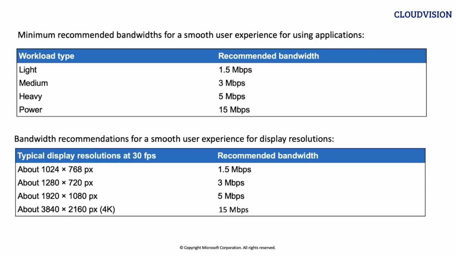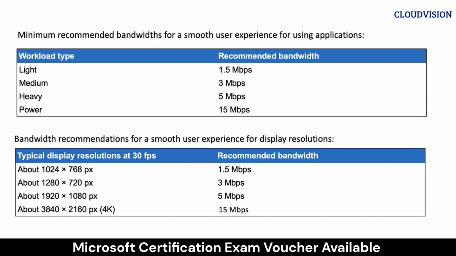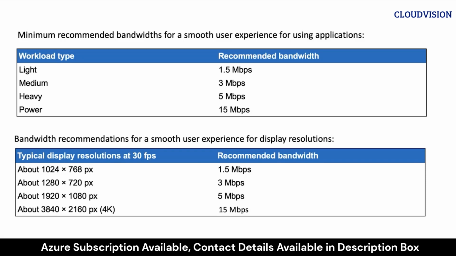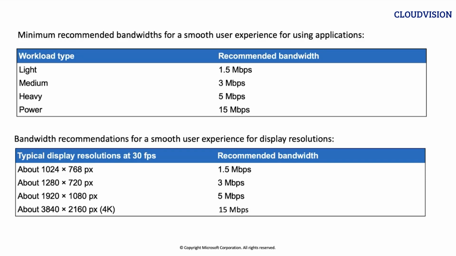It's not from that aspect only, it's basically the type of the resolution we are using, isn't it? Why? Because that quality does matter. When a user is connected to a session, you don't want that session to be distorted. You don't want the display to be a bit distorted, isn't it? The display should be crisp and clear with a high resolution.